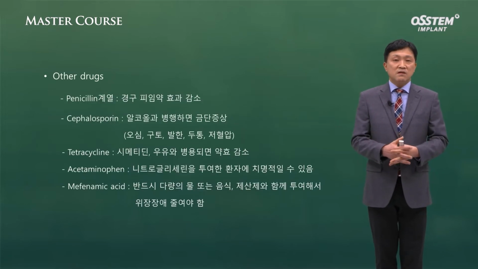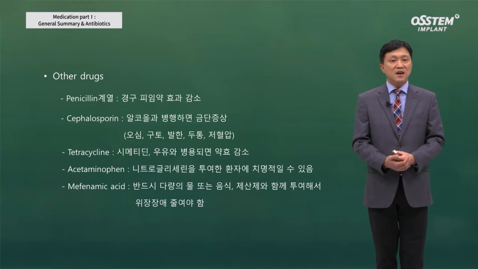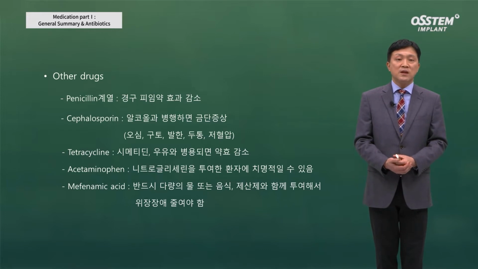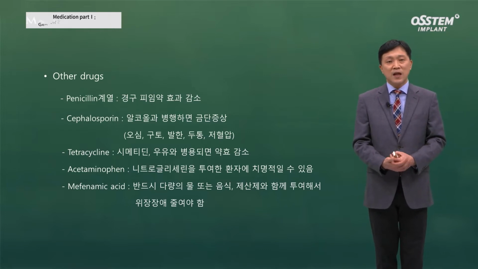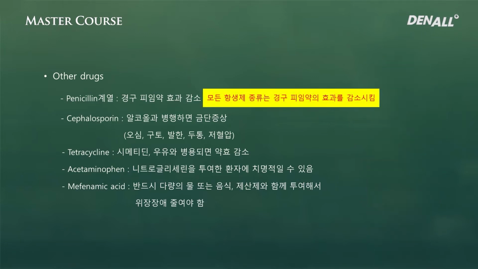Other drugs, if you look at the drug interaction, let's look at the representative ones. Penicillins would lower the effect of oral contraceptives. If you look at the pharmacopedia, this appears quite a lot, but all antibiotics actually lower the effect of oral contraceptives.